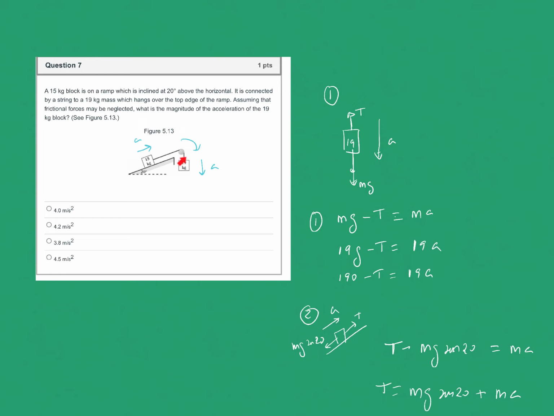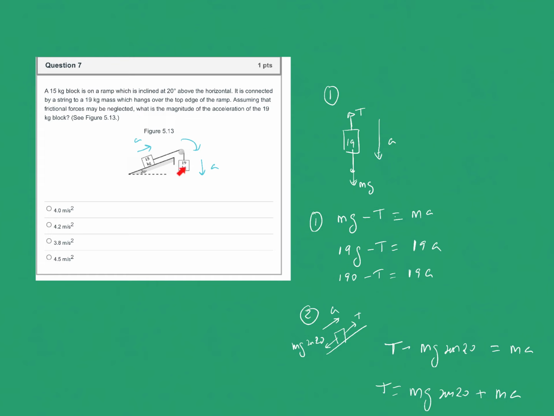So how do we solve this problem? We solve this problem using Newton's law. So we use Newton's law for the body of 15 kilograms, and we decompose, we see what are the forces acting on the body of 15 kilograms, and we see what are the sum of all the forces acting on the 19 kilograms, and the sum of all the forces equals mass by acceleration.